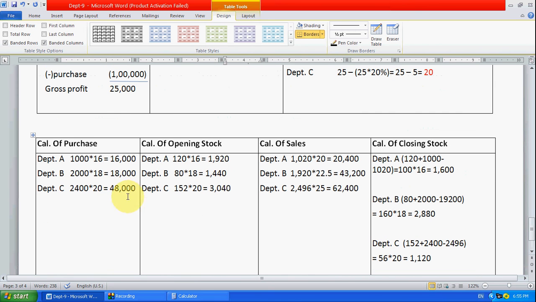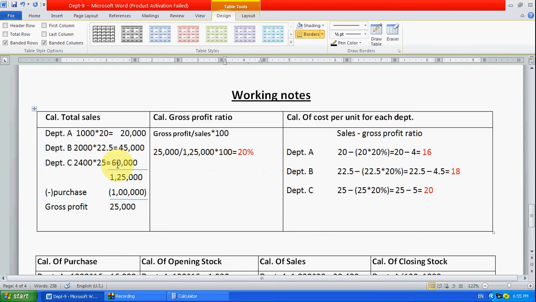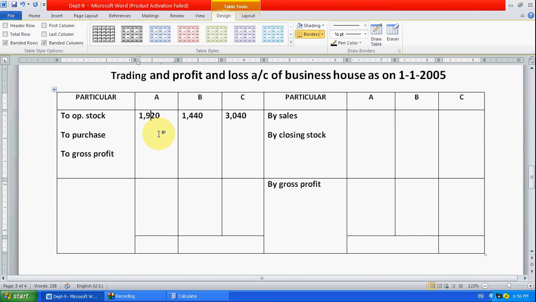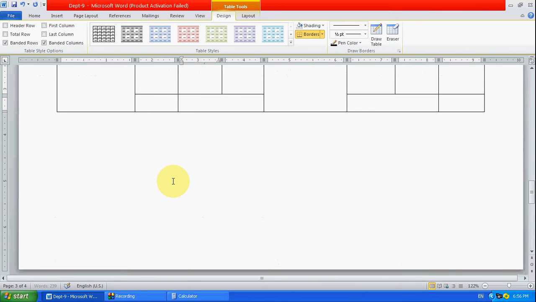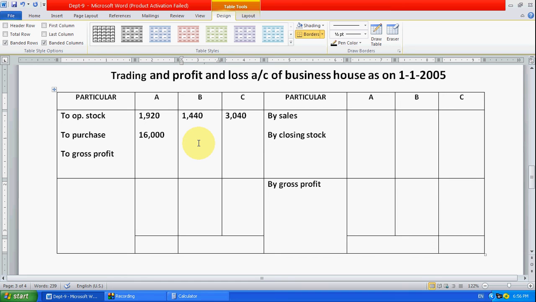Now purchase: department A 16,000, B 18,000, 48,000.